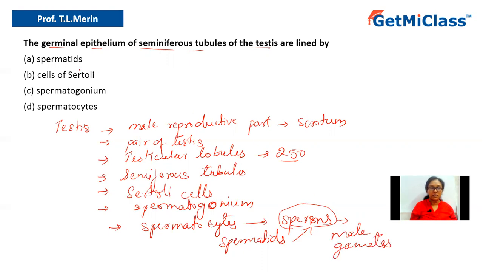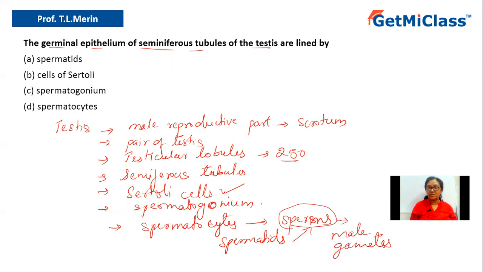Now, the question says the germinal epithelium of seminiferous tubule of testis are lined by. When you say germinal epithelium, it speaks about the germinal cells found within the testis, and the spermatogonium is the one which consists of germinal cells. Then it is lined by what? The seminiferous tubules are lined by Sertoli cells.